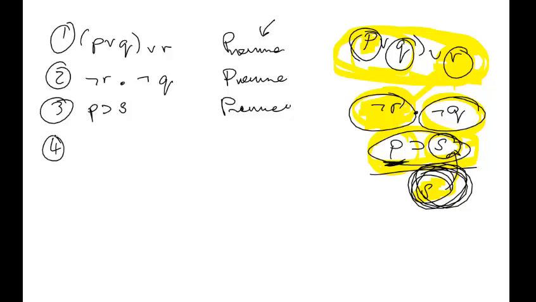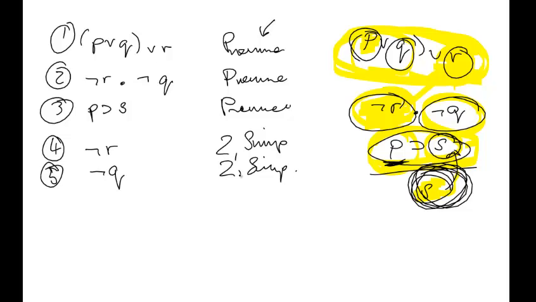So what I'm going to need to do is break not R from 2 by simplification. If I've got on line 2 not R and not Q, then I can conclude not R. Line 5 gives me not Q. I'm going to need that later, from line 2 by simplification. I know I'm going to need it later because of the strategy that we did earlier. Line 6 gives me then P or Q. How did I get that?